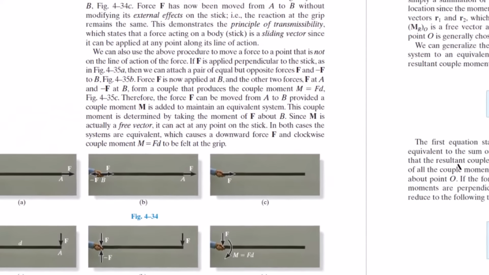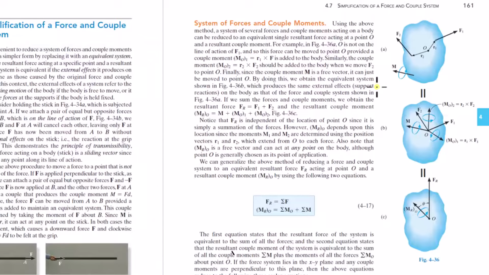Let's look at this in a general 3D case. So here's a body. There's two forces acting on it and a couple moment. And just to illustrate something, I'm going to put another force here with a position vector from point O to this force.